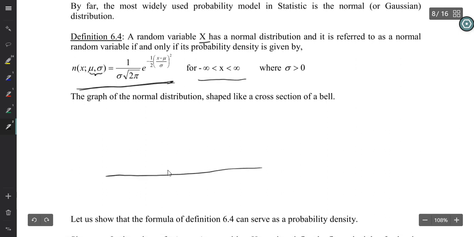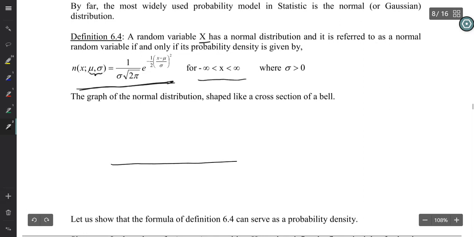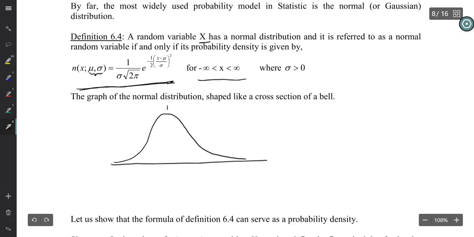It is a nice bell-shaped symmetric distribution, symmetric about the mean mu, and the fatness of this curve will be decided by your variance or the standard deviation sigma. So mu is called the location parameter, and sigma is called the shape parameter, because it defines the shape of your bell.